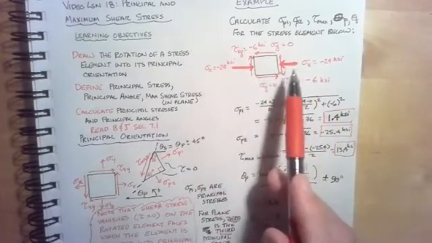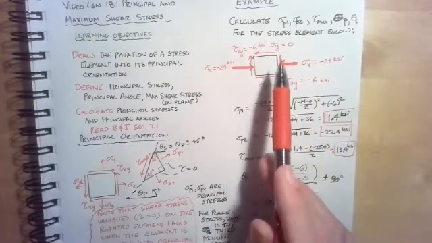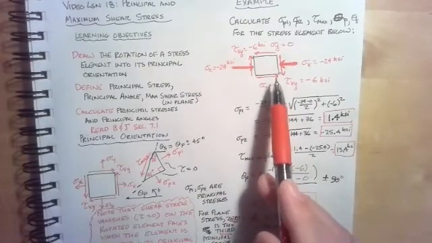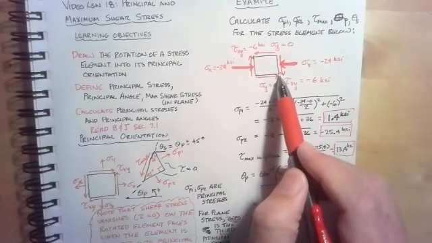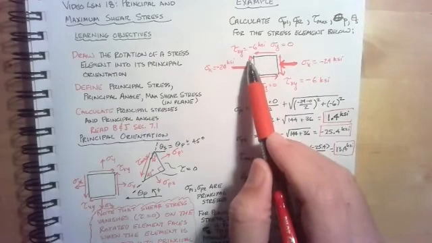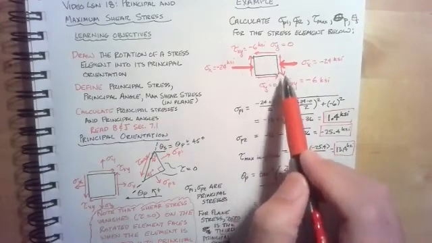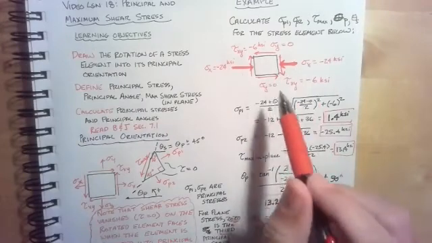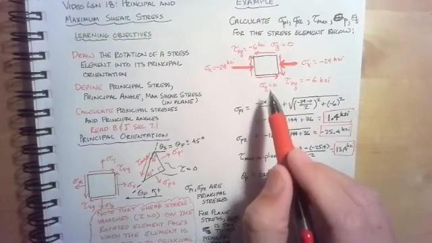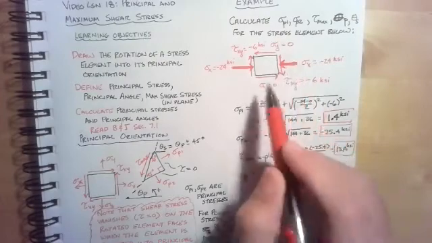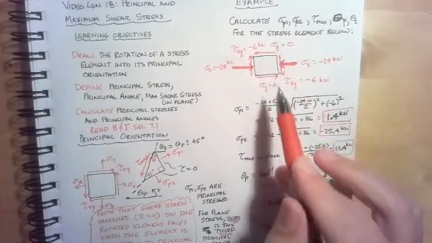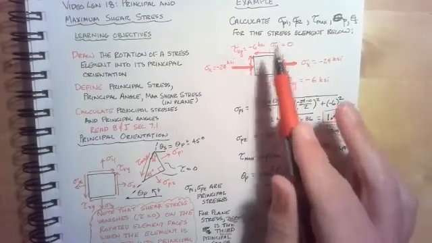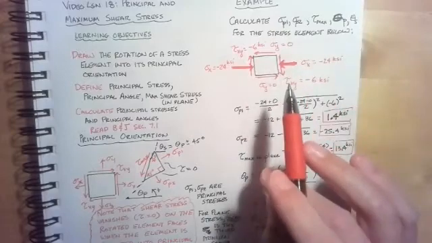It's pushing in, it's compressive. We have the arrows drawn such that they are pointing both towards the bottom right hand and the top left hand corner. And when that happens, that is negative stress on our element with our sign convention for plane stress. And we have no stress in the y direction, so sigma y is equal to 0.